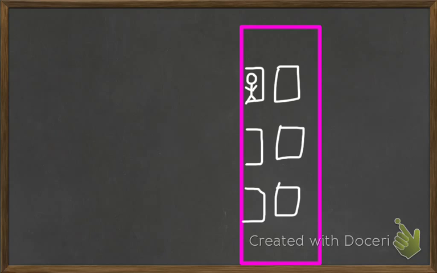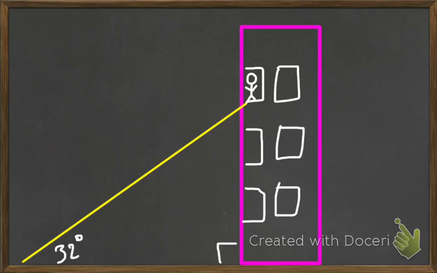But if you know the angle that is formed between that person and the ground where you are standing, let's say that angle, for example, is 32 degrees. If you know that that angle is 32 degrees and the building is straight up, right? Well, we're assuming it's not the Leaning Tower of Pisa, it's straight up, then we have a right triangle.